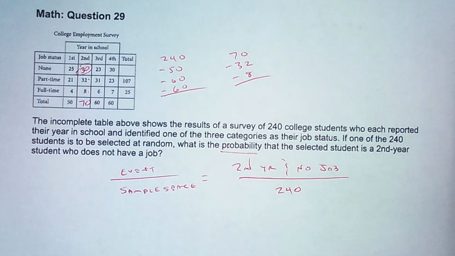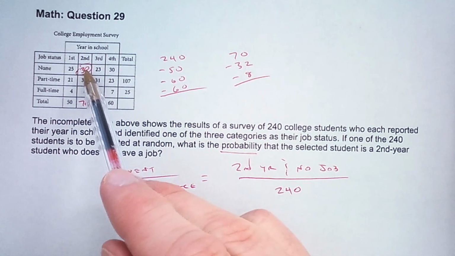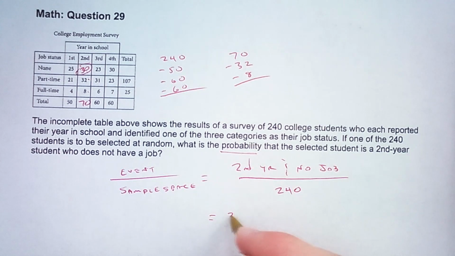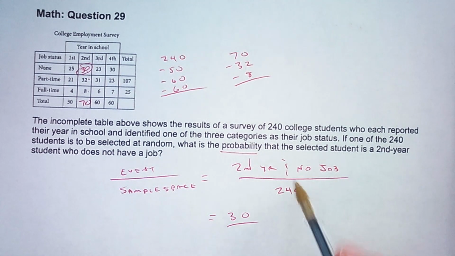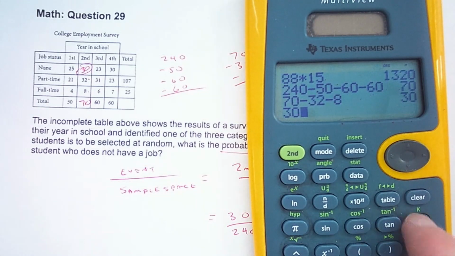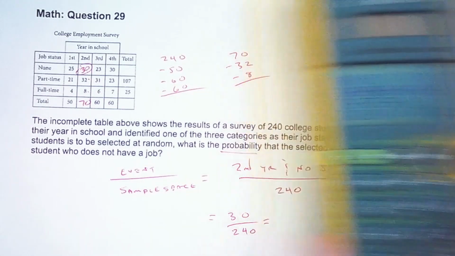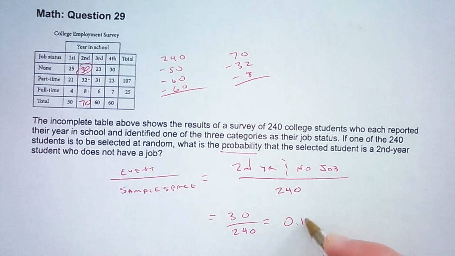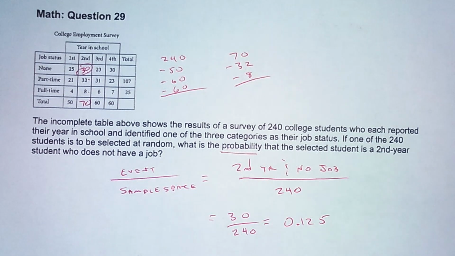So the probability that our student selected at random is a second-year student with no job is 30 out of the entire population of the survey, the entire sample, which was 240. Now let's divide that. 30 divided by 240. In the gridded response, you can put 0.125. Or just .125. You don't necessarily need that 0.